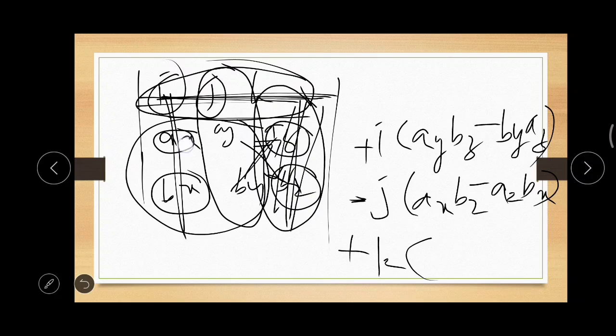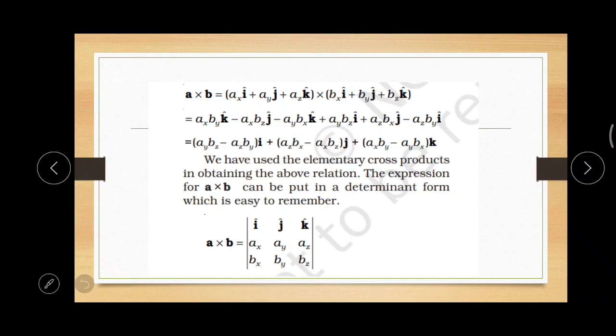So Ax By minus Bx Ay. Okay. Now you just open this bracket and compare it with the vector product that you have already obtained here. So that will be the same only.